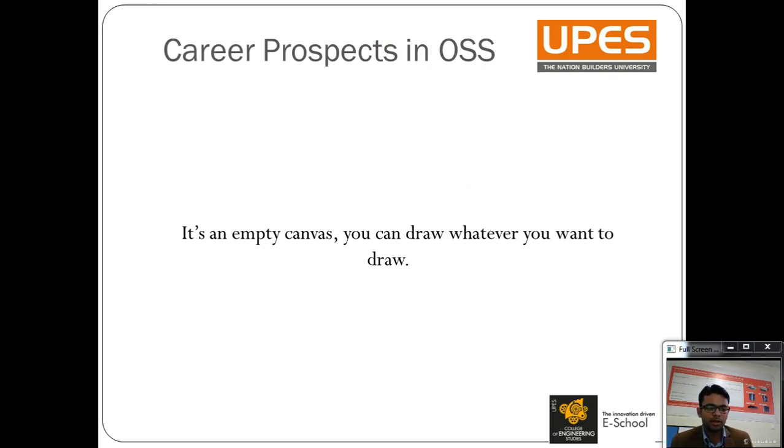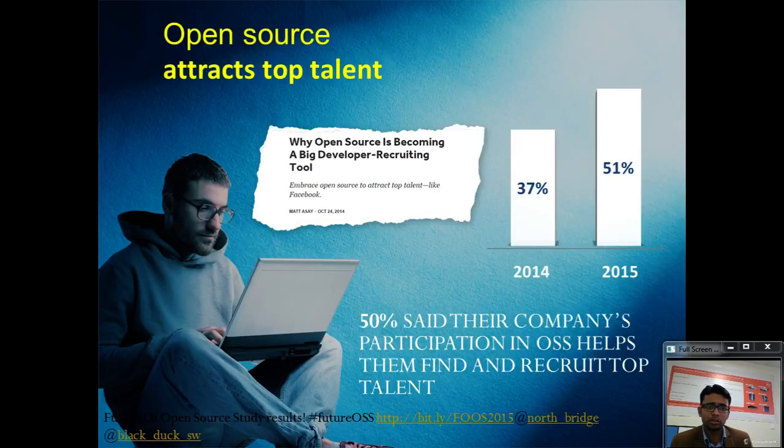And apart from placement, you can go for a startup, or for your own company, and there is a lot of scope in this particular course. Nowadays open source is becoming a recruiting tool, and it attracts top talent, because we are seeing that companies like Twitter and Ericsson are willing to pay developers to participate in the OSS community, and both develop and use open source in their own framework.